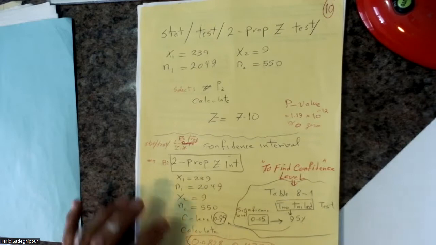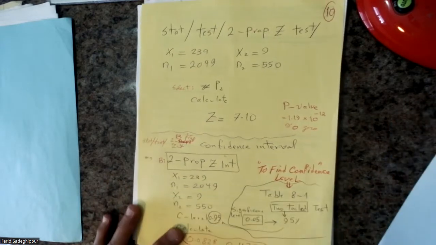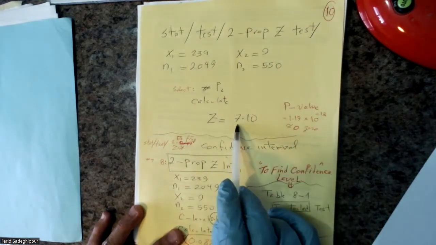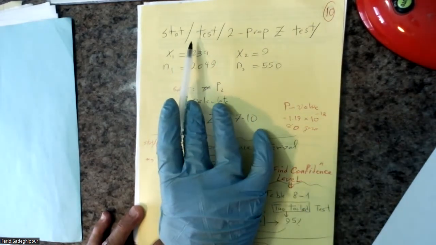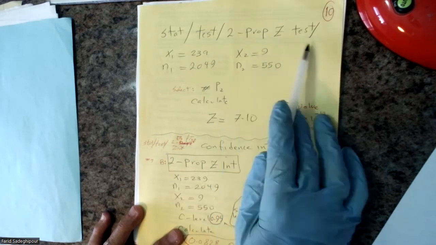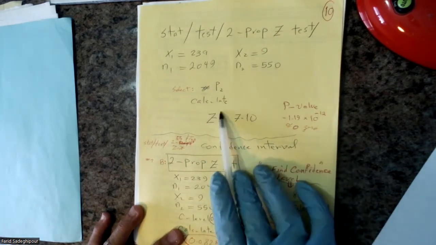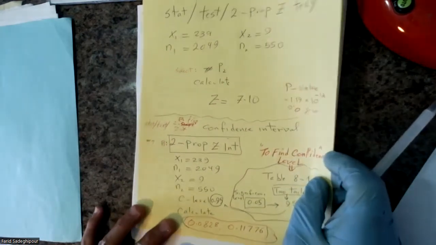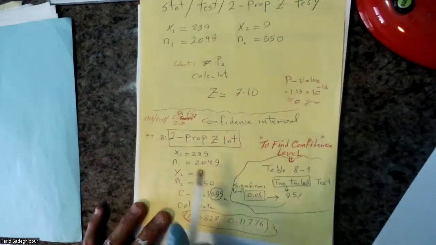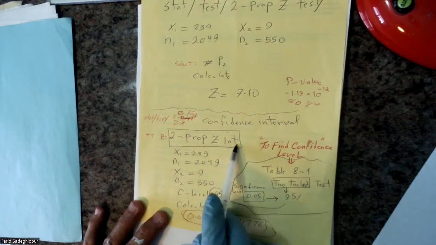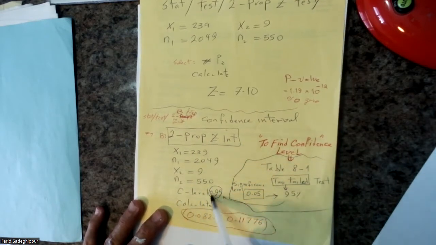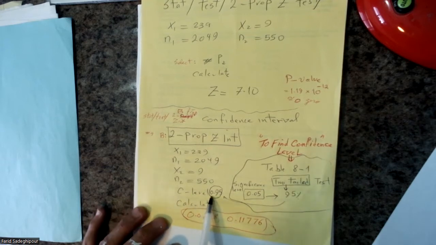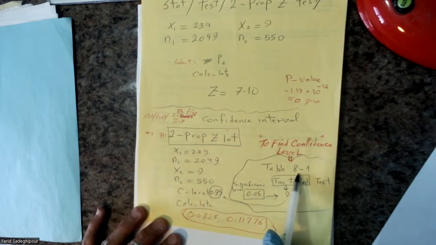So how do we use the calculator to do all these calculations? This is the formula. If you want to calculate the Z test statistic, you use the two proportion Z test, that gives you the Z value. And if you want to calculate the confidence interval, you go to proportion Z interval. You input all these numbers, and when you come to confidence level, remember, you are using table A1.